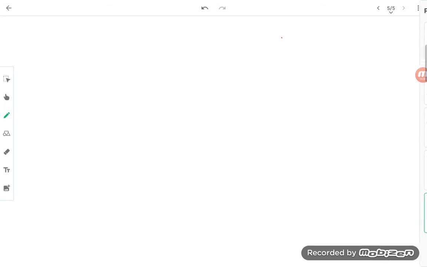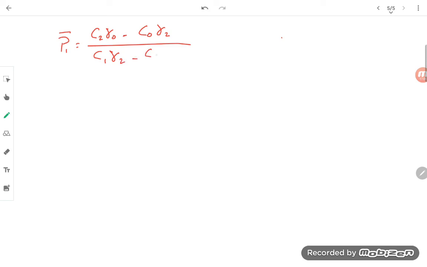So now we are going to substitute with these values in P1 bar, which is C2 gamma node minus C node gamma 2 divided by C1 gamma 2 minus C2 gamma 1.